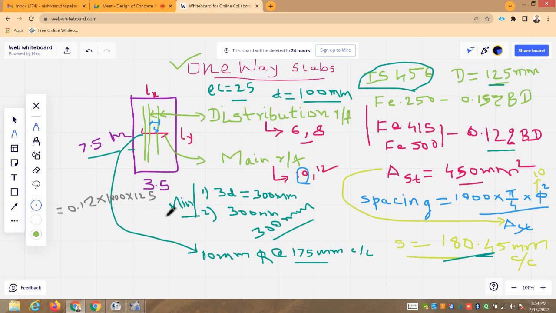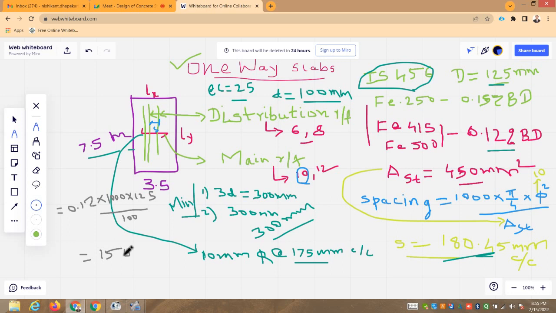So how much it is coming? Can anyone calculate? This is 0.12%. So divide by 100. I think 150 millimeter square. Yes, sir, 150.